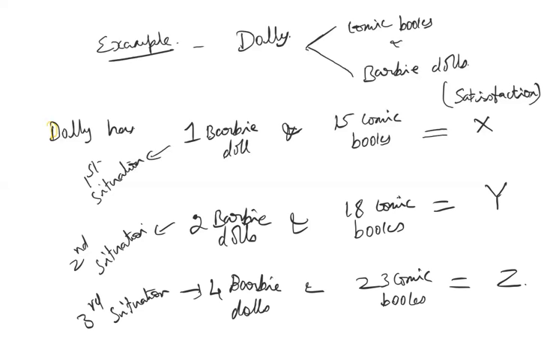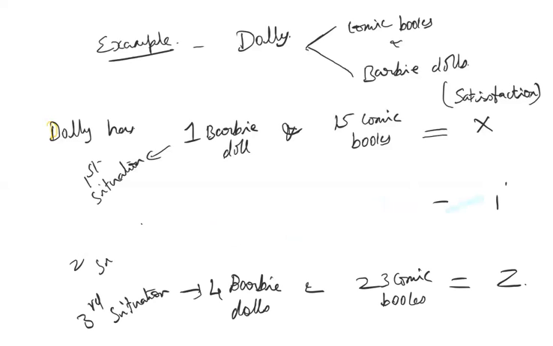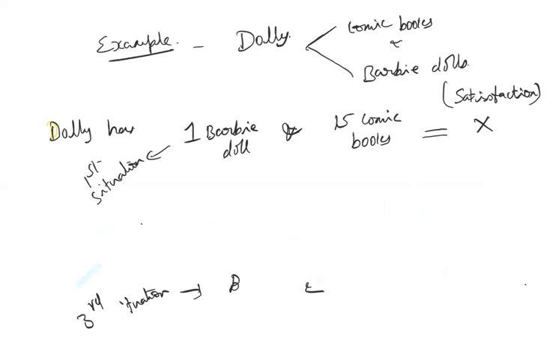Now let us take the first situation where our consumer Dolly is having 15 comic books and one Barbie doll. With the available money income and the circumstances she is in now, she can afford 15 comic books and one Barbie doll, which is giving a certain amount of satisfaction, equivalent to X. Now we ask Dolly, we will give her one more Barbie doll.